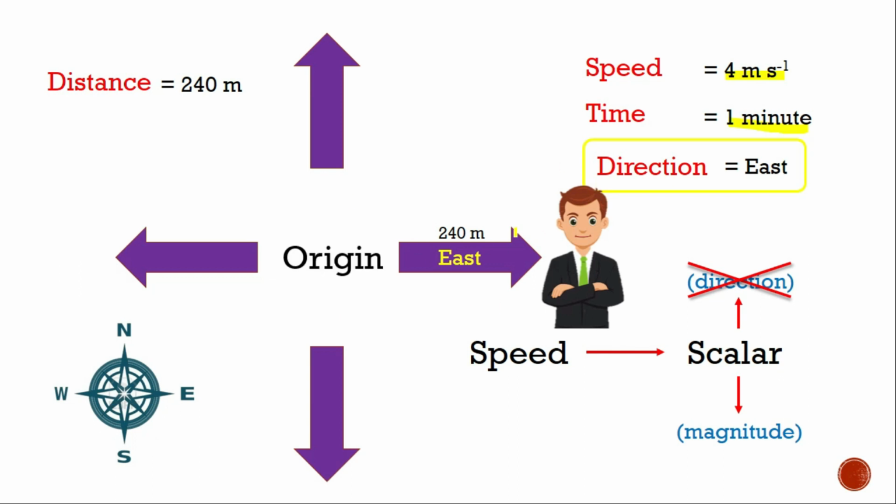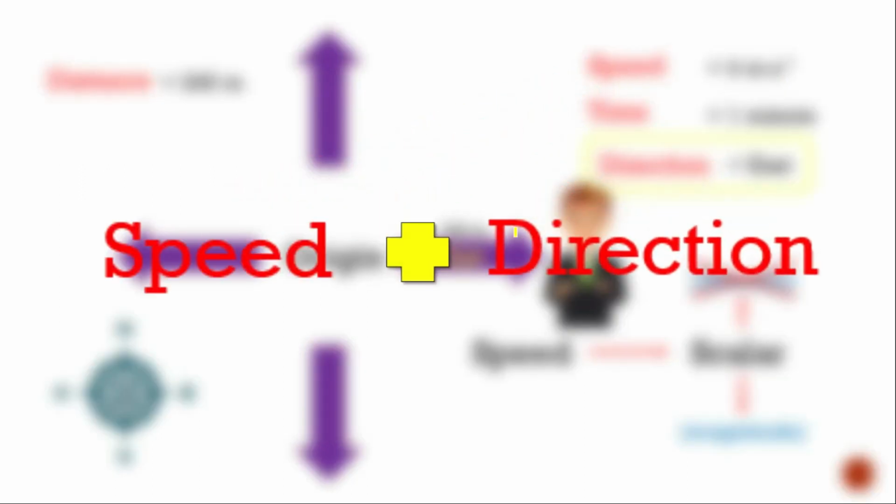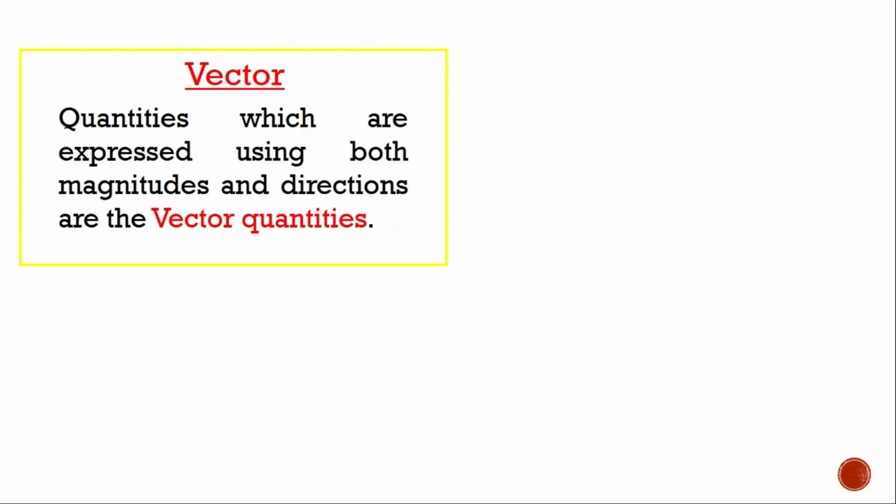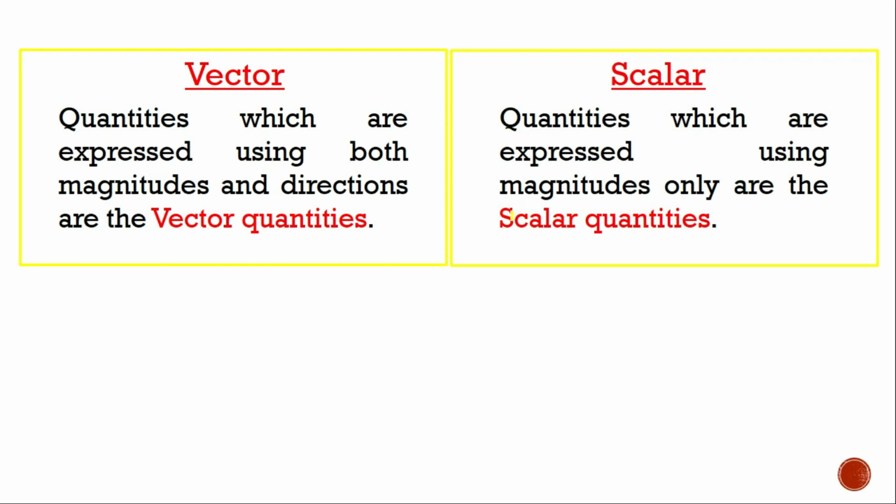And this total concept of specifying speed along with the direction is what is known as velocity, which is a vector quantity. Basically, the quantities that are expressed using both magnitude and direction are the vectors, and the quantities that are to be expressed using magnitudes only are the scalars.